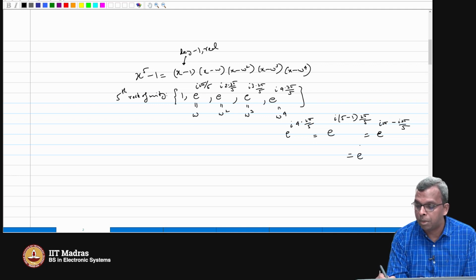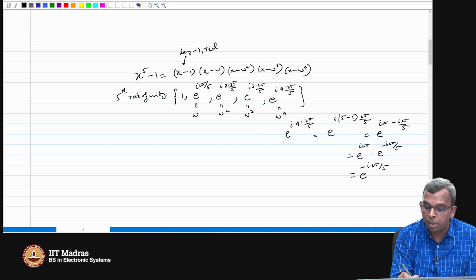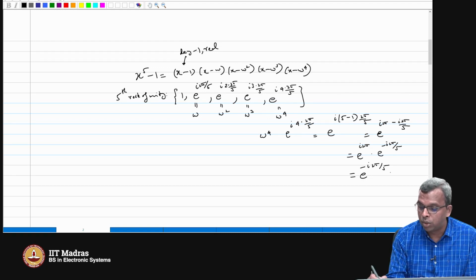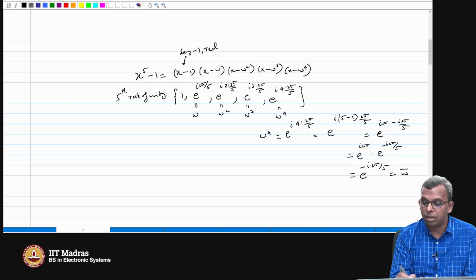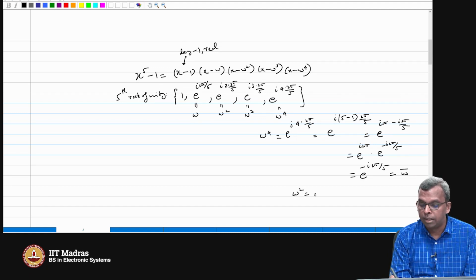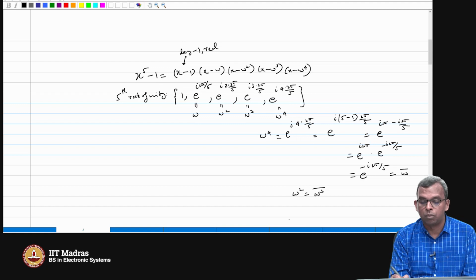That is the same as e power i 2 pi times e power minus i 2 pi by 5. Now, what is e power i into 2 pi? This is just 1. So, this becomes e power minus i 2 pi by 5. So, omega power 4 is actually omega bar. A very similar calculation will show you omega squared is omega cubed bar. So, omega power 4 and omega are conjugates of each other.